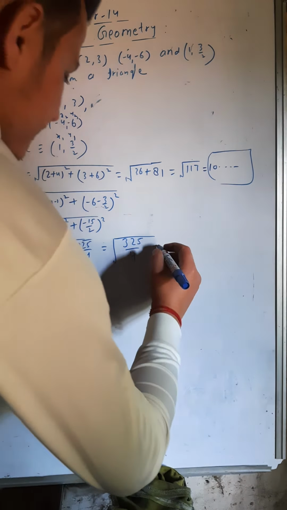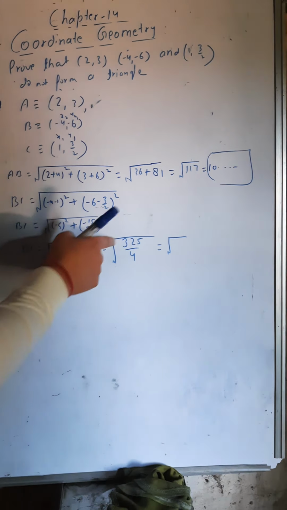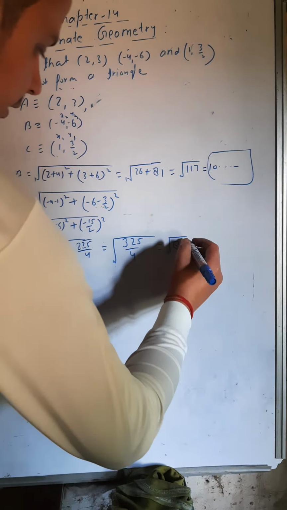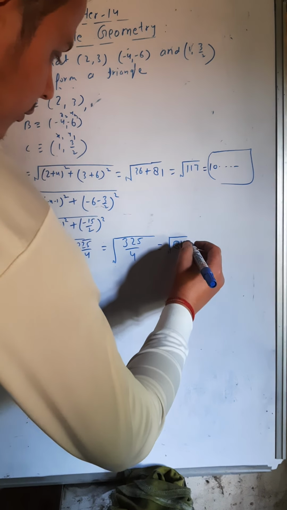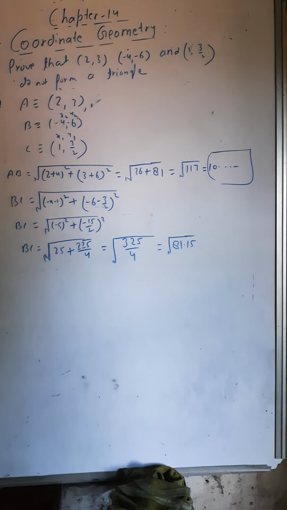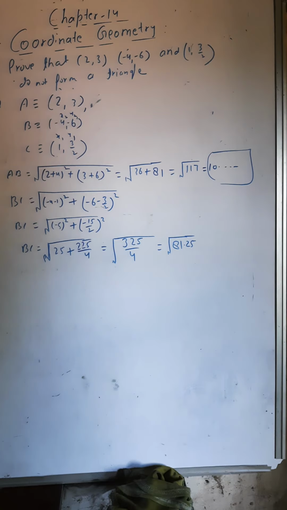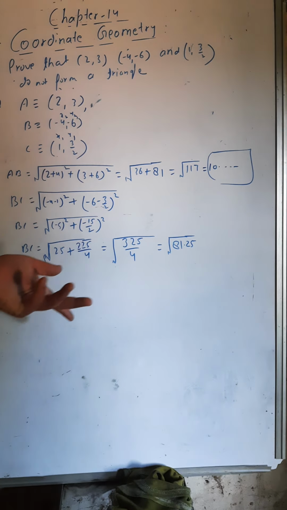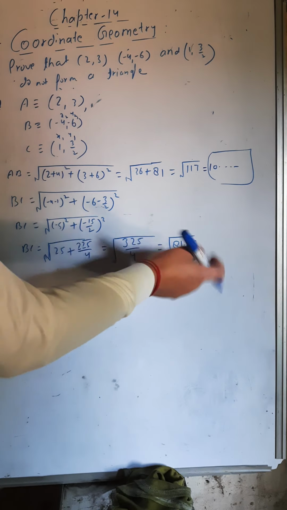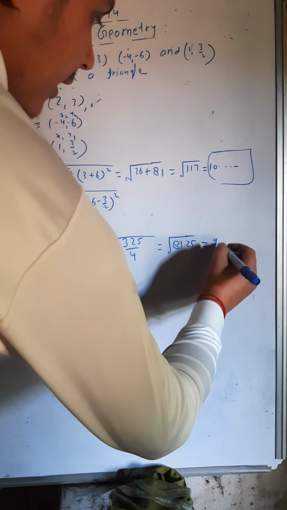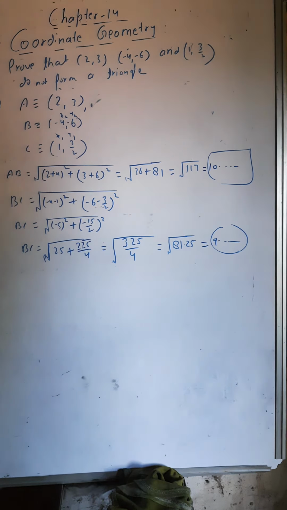If you divide it, it comes to about 81 point something. Its square root: the square root of 81 is 9, but this is more than 81, and the square root of 100 is 10, so it is between 9 and 10. So you can write it as 9 point something, not writing the exact number. Okay. So this is the value of BC.